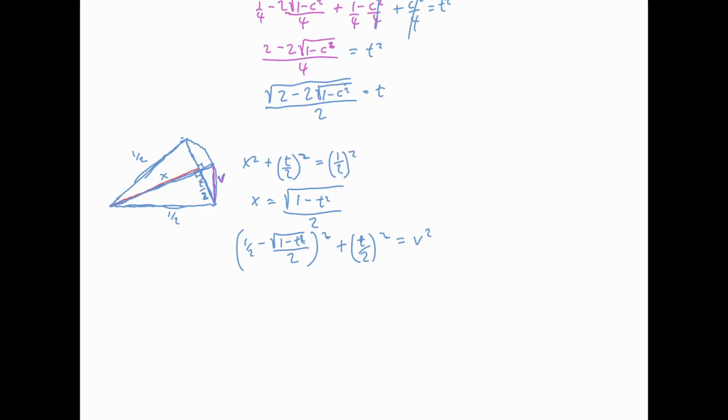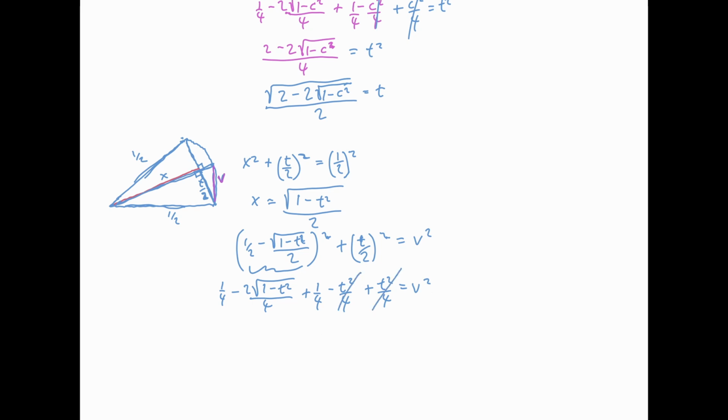So, just like before, this part in here becomes 1/4 minus 2 times the square root of 1 minus t squared over 4 plus 1/4 minus t squared over 4, and then plus t squared over 4, which is equal to v squared.